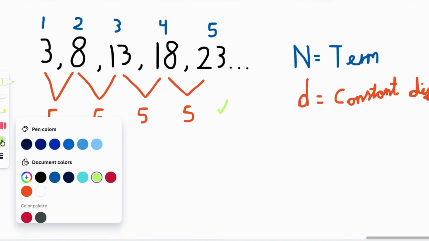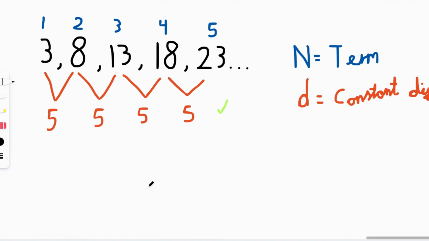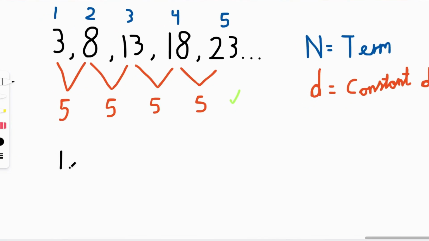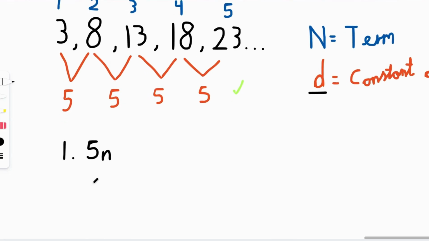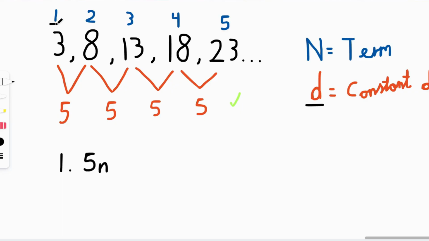So let's see. I'm gonna give you 2 methods to solve this type of sequence. First of all, this is the more simple, basic method. Write dn, always dn, the value of d, the difference in between the terms, n, 5n. Okay? Are we done there? No, we are not done there. I want you to substitute 1 for n.